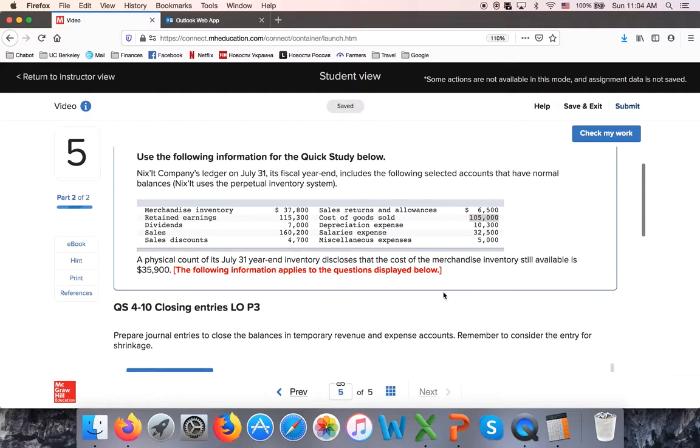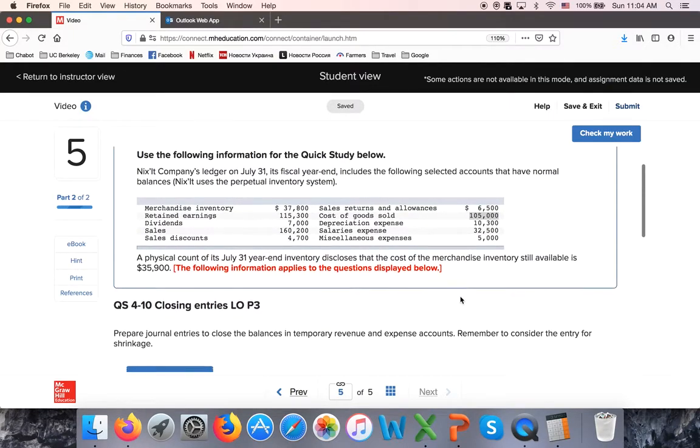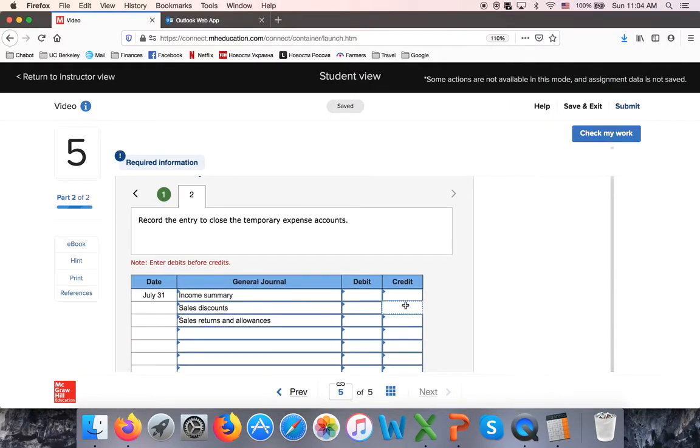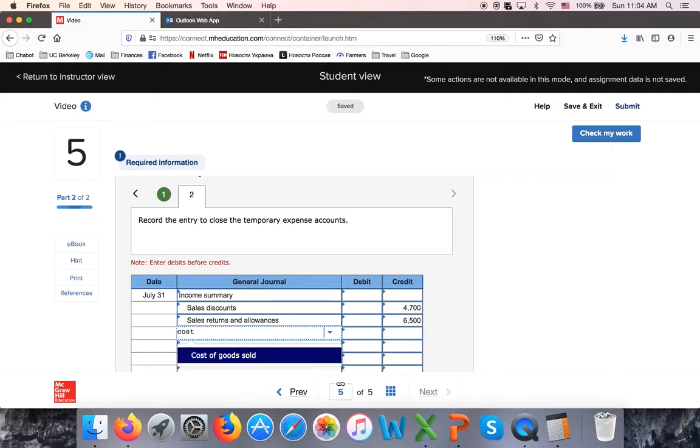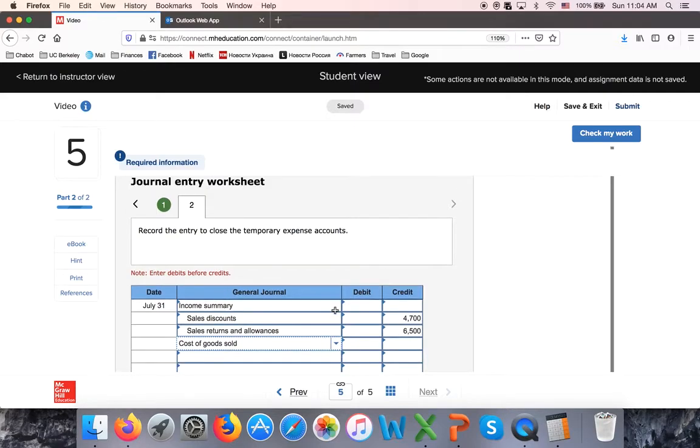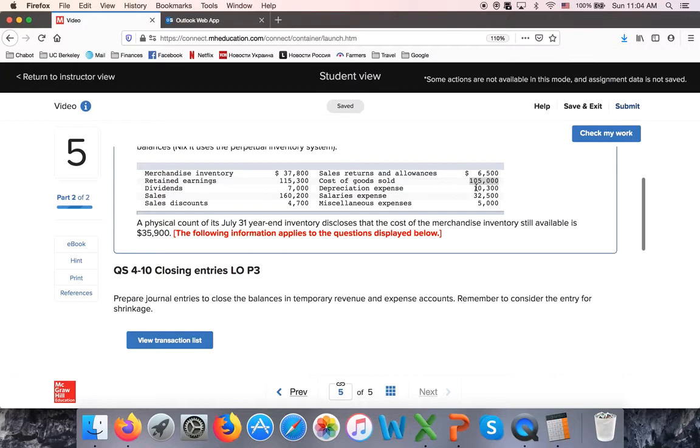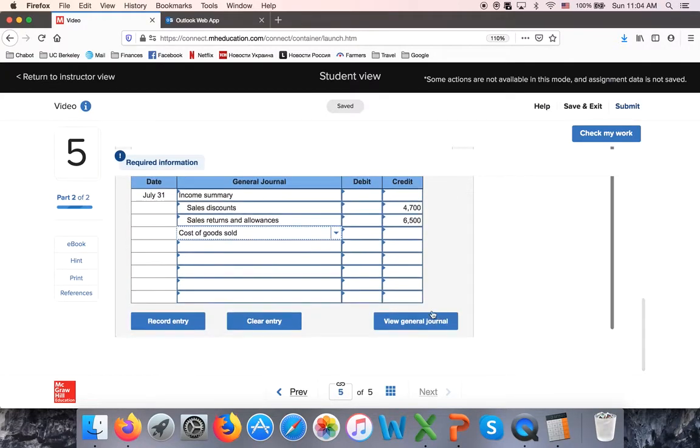So sales discounts 4,700. So when we credit this account, it becomes zero, right? The balance is debited, we credit it. Sales returns and allowances are 6,500, and then we have COGS, cost of goods sold, which again, typical mistake, the student puts only 105, it should be 106,900.